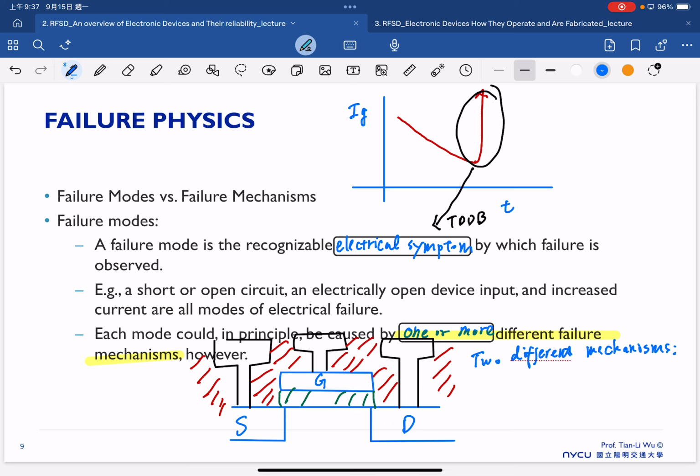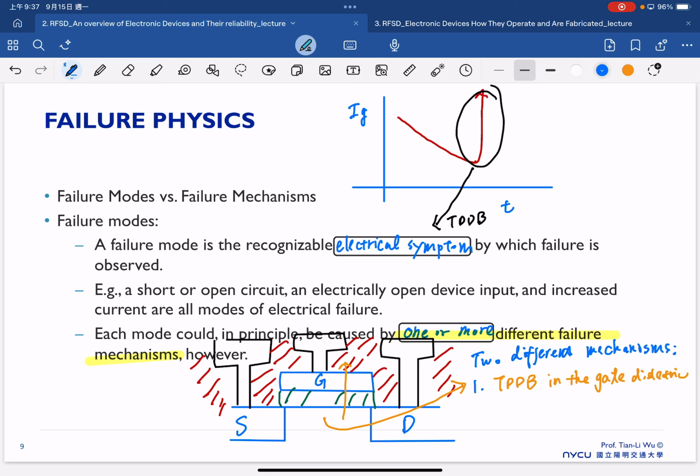The first is something we consider as front-end gate dielectric reliability, where we might have TDDB in the gate dielectric region. So this can contribute as one failure mechanism.